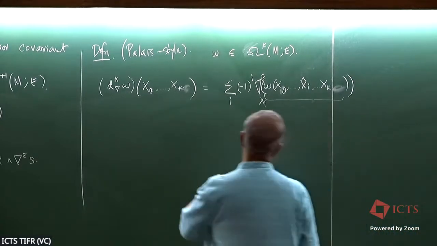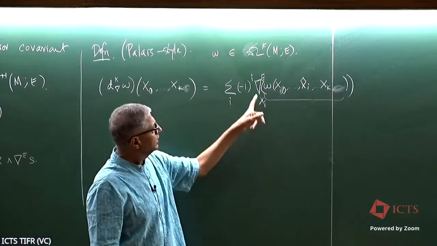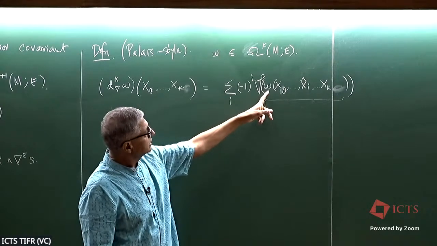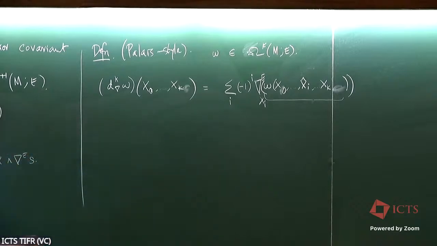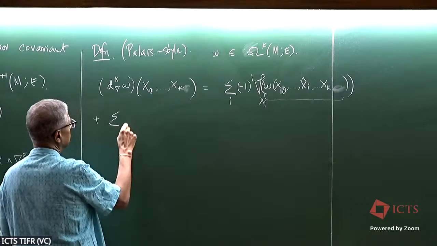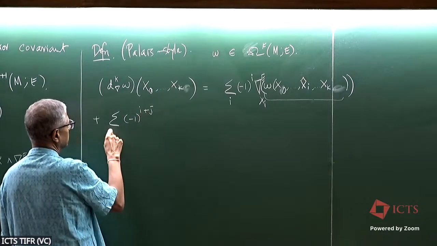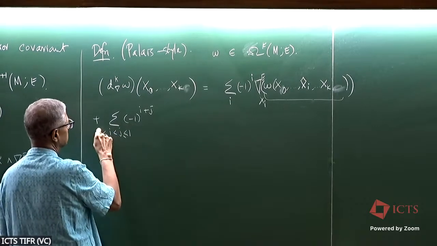And so it's the covariant derivative along the missing vector field of this object, which is a section after I have fed it k vector fields, plus summation (-1) to the i plus j, i less than j, between 0 and k.